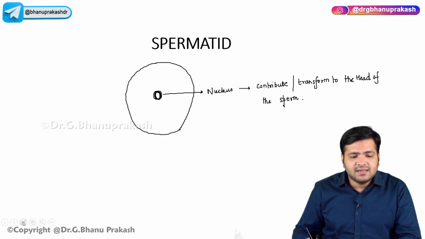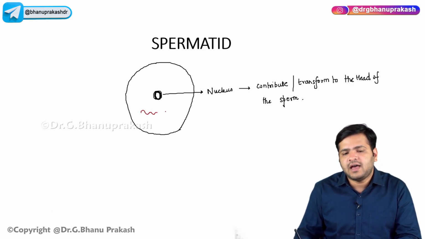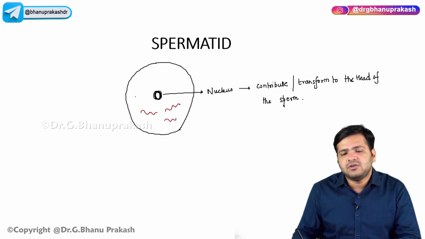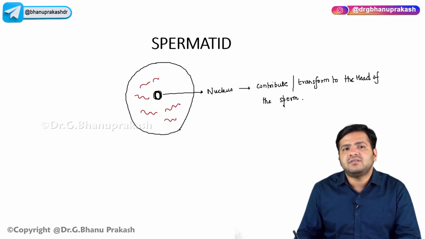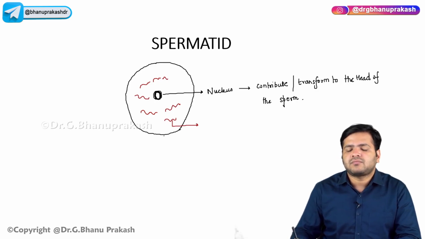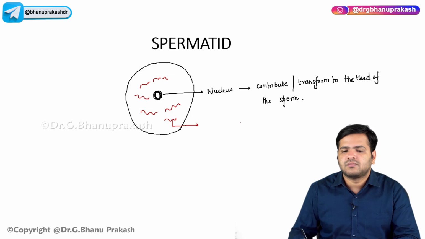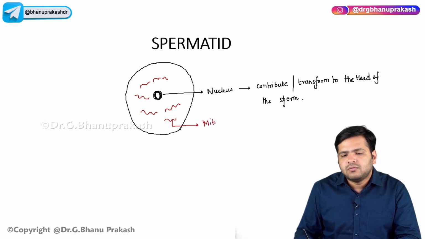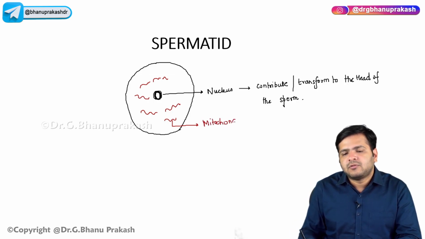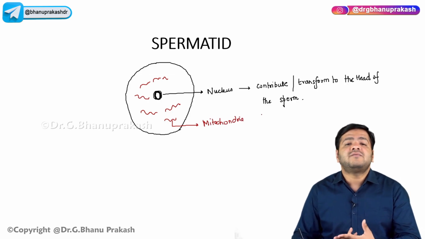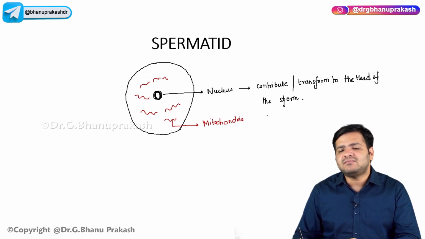Now, we have various mitochondria over here, right? In this spermatid, numerous mitochondria are present. Now, these mitochondria will transform into the middle piece of the sperm.